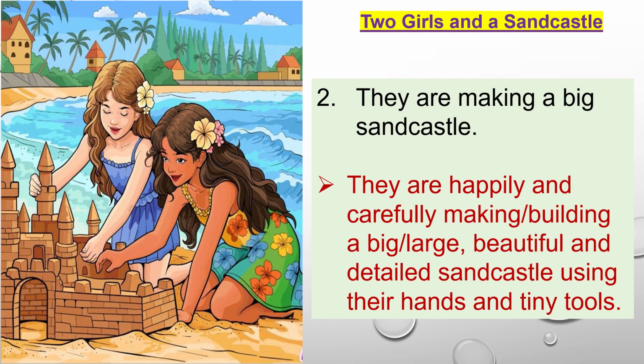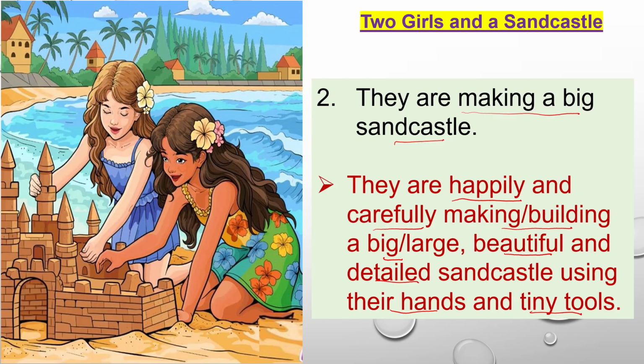Second sentence, they are making a big castle. Instead of writing this simple sentence, we can add happily, carefully, building, big, beautiful, detailed, their hands and tiny tools. This gives the action and mood and also describes the castle better.